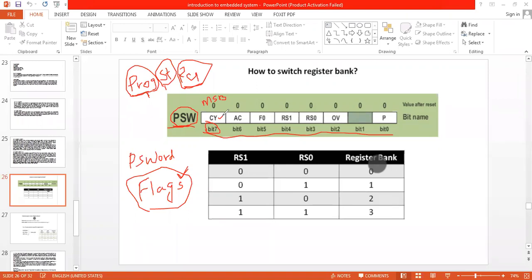When the CY carry flag is equal to 1... No one knows?